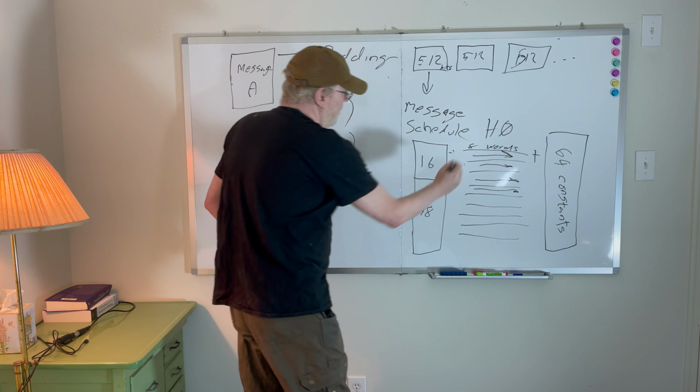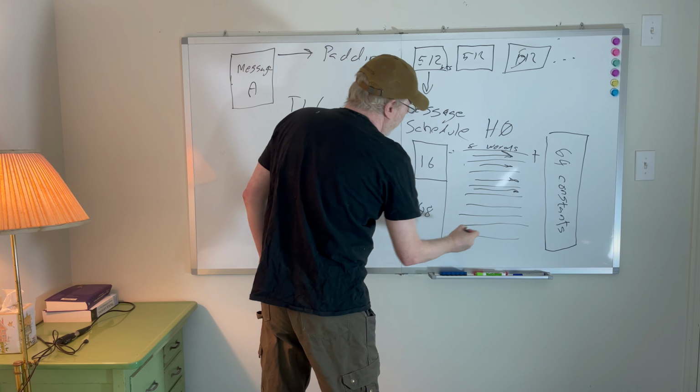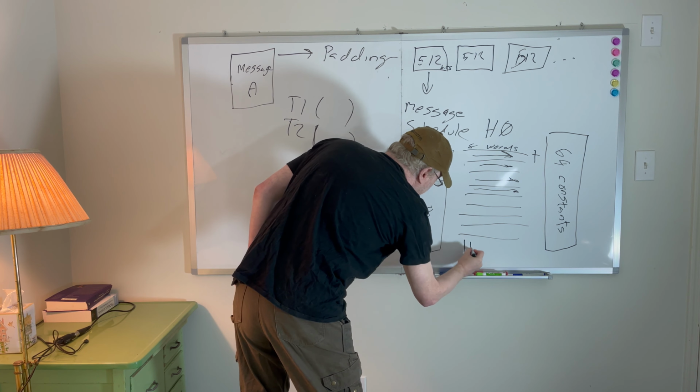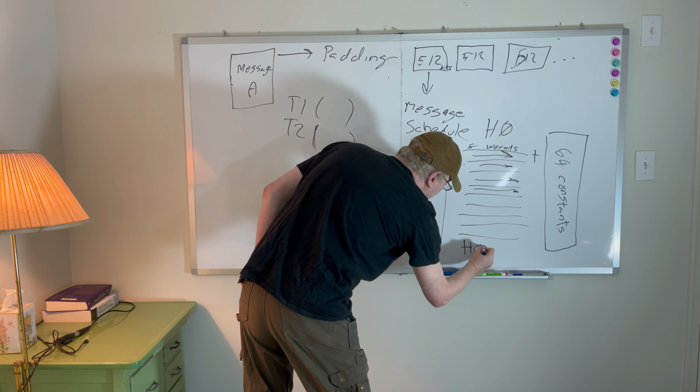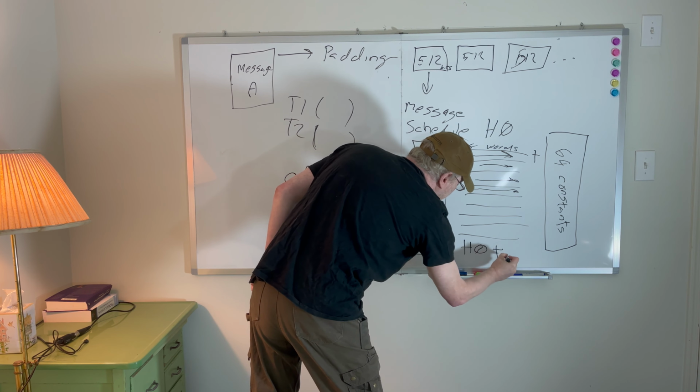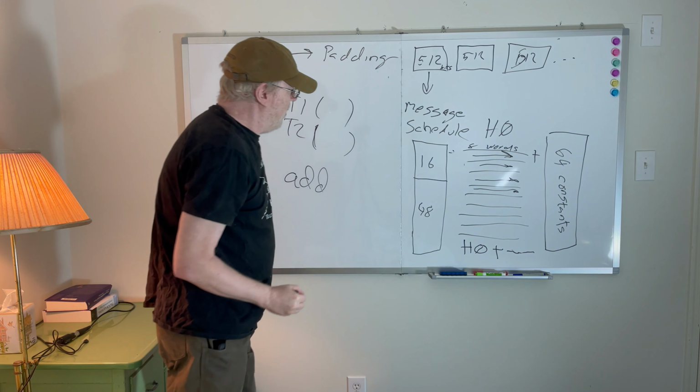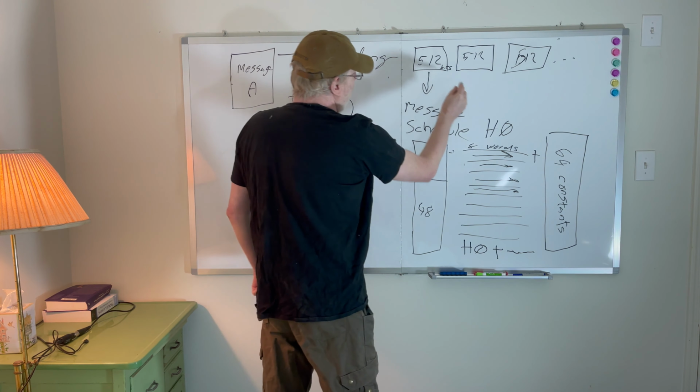So what we end up with here, after we're doing things, is we have H0 plus the intermediate that we come up with. And we do that for each block.